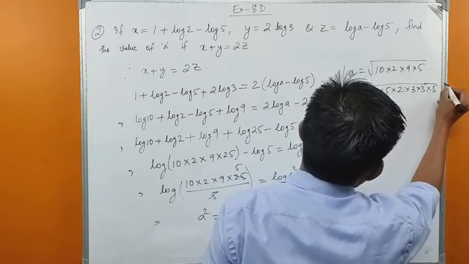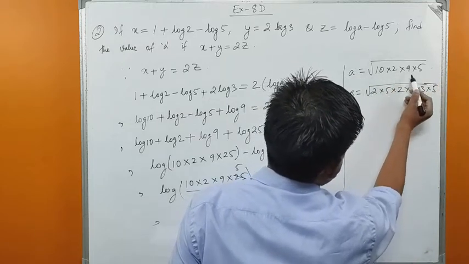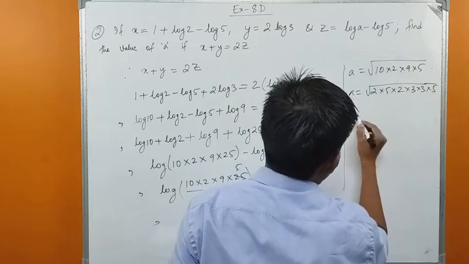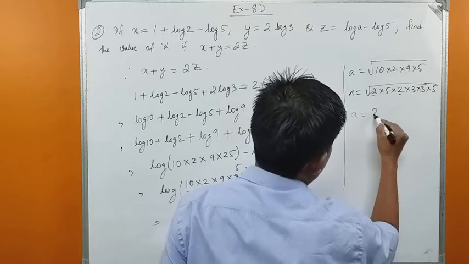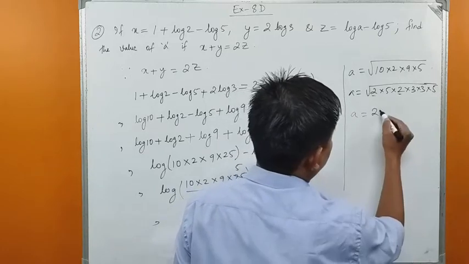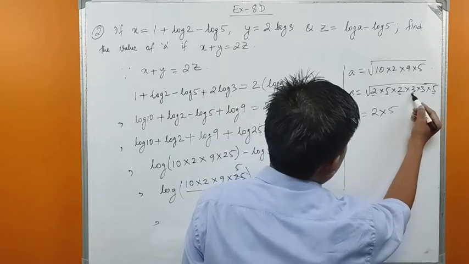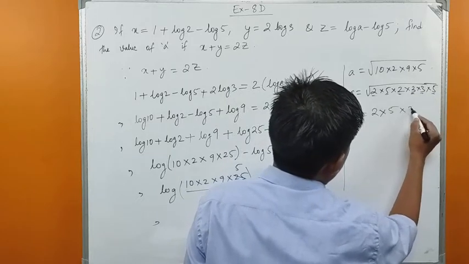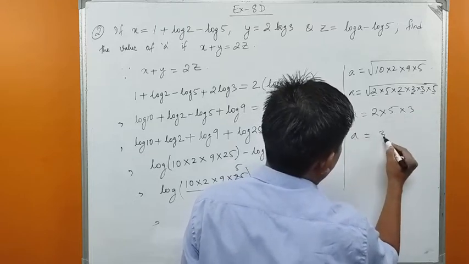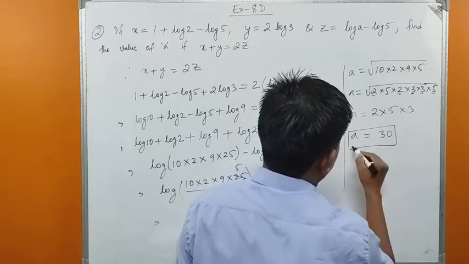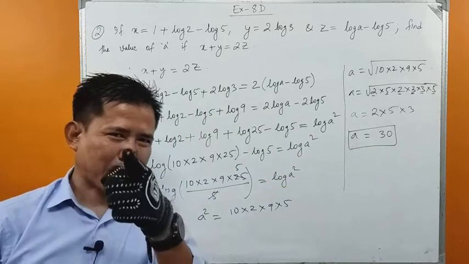This 2 and this 2 we make a pair and free from the root, this 5 and this 5 we make a pair and free from the root, and this 3 and 3 we make a pair and free from the root. So a equals 2 5s are 10, 10 3s are 30. The value of a is 30. We were asked to find the value of a, and the value of a is 30. I hope you got this.